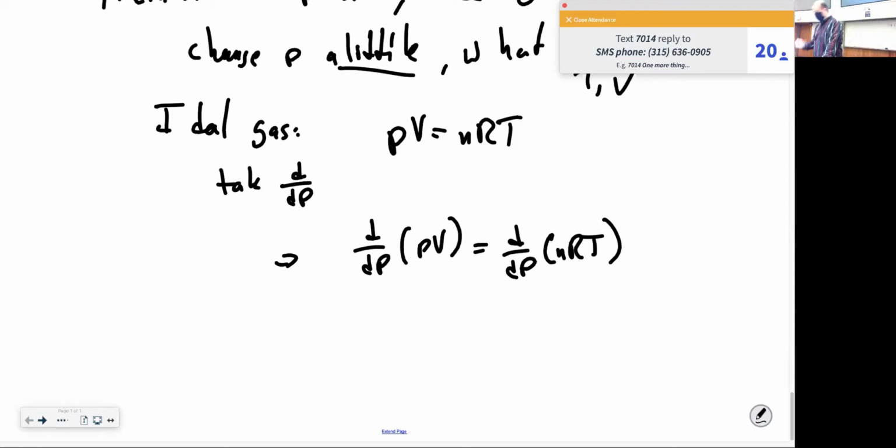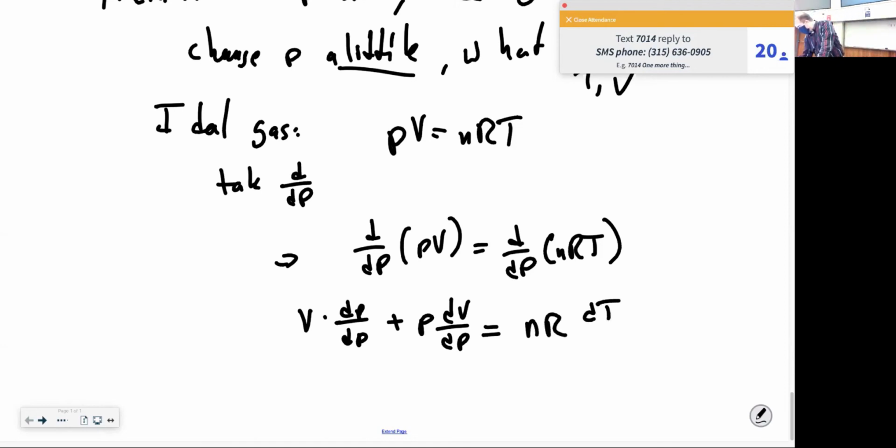Well, we can do a product derivative on the left-hand side. If you remember your product rule, we get V times dP/dP plus P times dV/dP, equals, and the nice thing on the right-hand side is that only a single variable is changing, and that's T. We can pull the nR out, and we get nR times dT/dP.